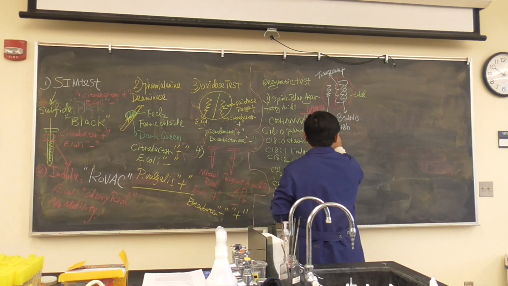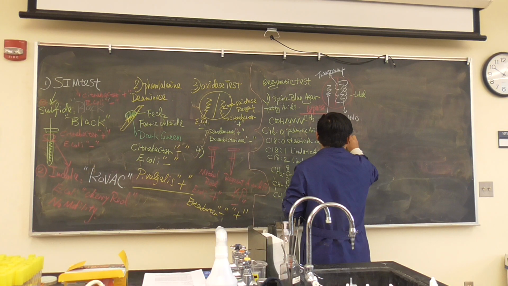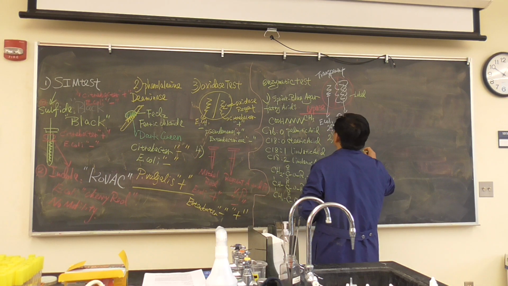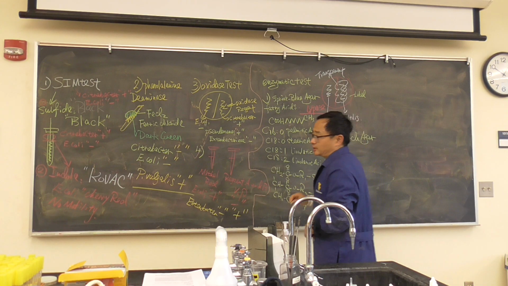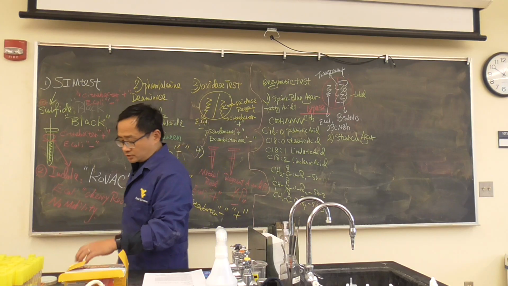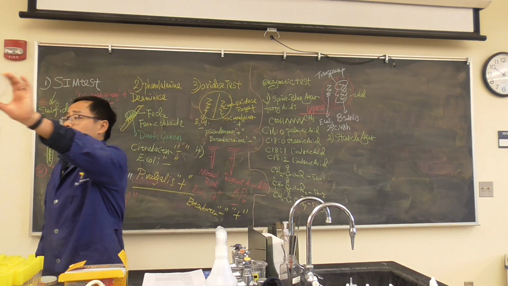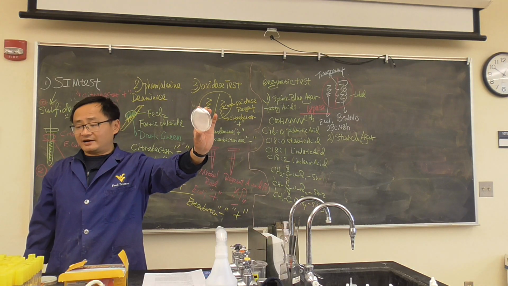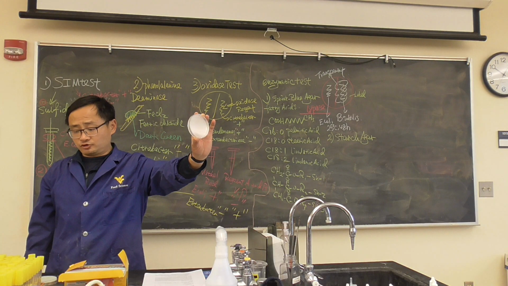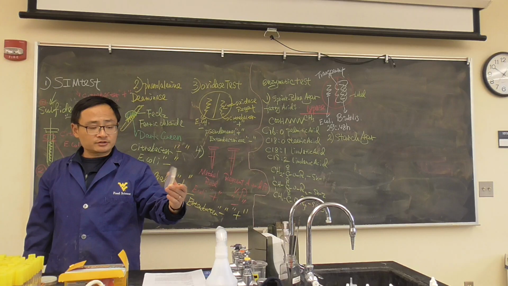The second test, starch. That's starch agar. Okay, bacteria can use starch. Starch is a polysaccharide, a little bit more advanced in structure than glucose.